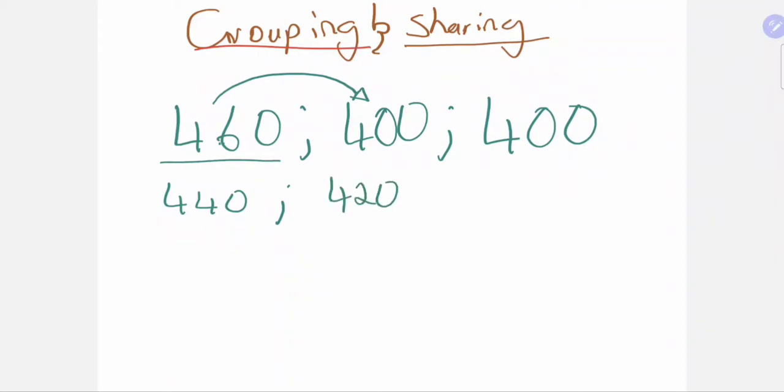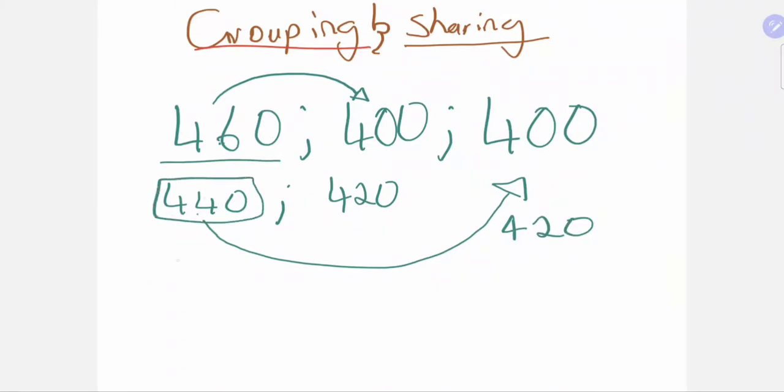And then 400 stays the same. But if you take 20 from this 440 and you add it to 400, 400 becomes 420. This 440 now becomes 420 as well. And just like that, you have equal numbers across all three groups.